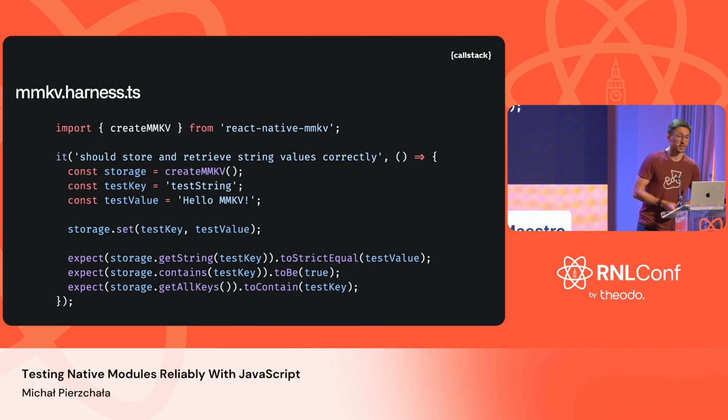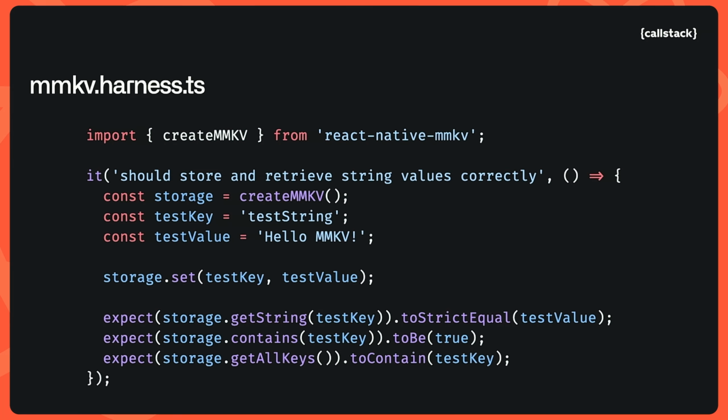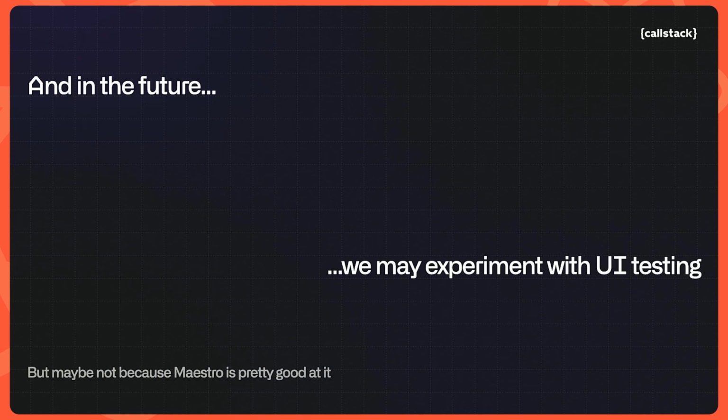They're pretty cool. So an example test for MMKV now can look like this. We don't need to create any artificial stuff. We just import the library, instantiate it, read the value, and assert the way we would normally do. And this is exactly how you would use MMKV in your application.